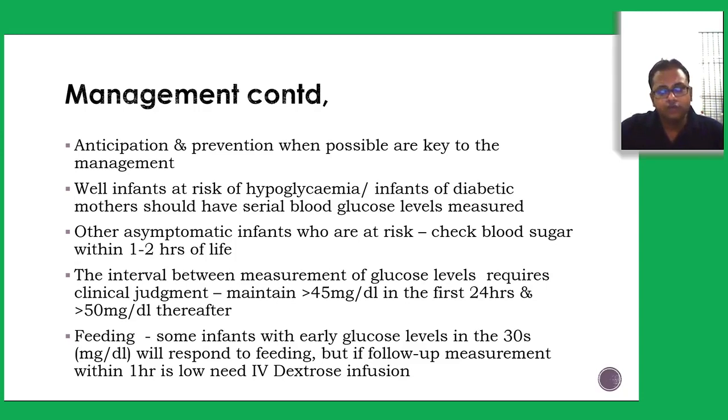How often to check the blood sugar levels depends on a case-by-case basis, and we expect more than 45 milligram per deciliter on the first day and more than 50 thereafter. Certain babies with low sugar levels as low as 30 can respond to feeds, but if follow-up measures are not high enough, then you have to give an IV dextrose infusion.